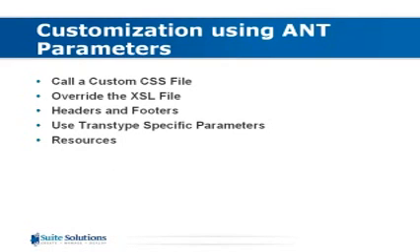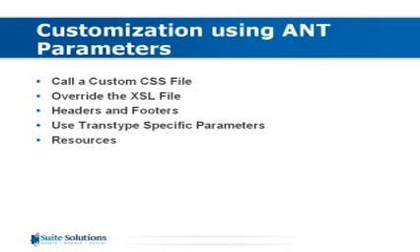So, customization using ANT parameters. Using the toolkit without having to know programming, without having to know XSL, we already have parameters we can pass on to ANT, onto the processing, that the toolkit has already built in, and we hand it to it, and it knows what to do with it.